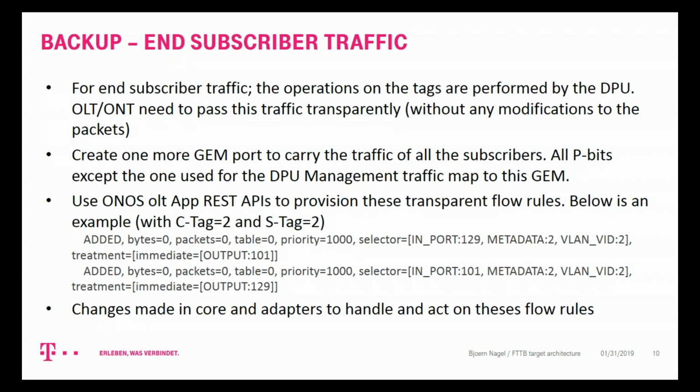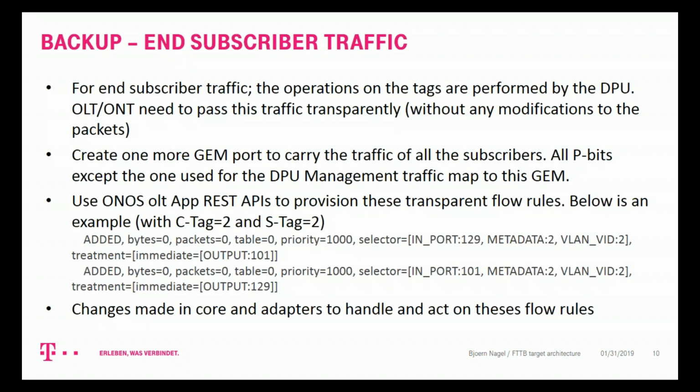That's in fact the case, as I mentioned before. We have the 0 to 6 mapped to one gem port. That's all the user traffic, and we have the P7 mapped to a different gem port. That's the management traffic. So the separation in the case today is not that clear as it is in the target architecture, but of course there's some development needed.